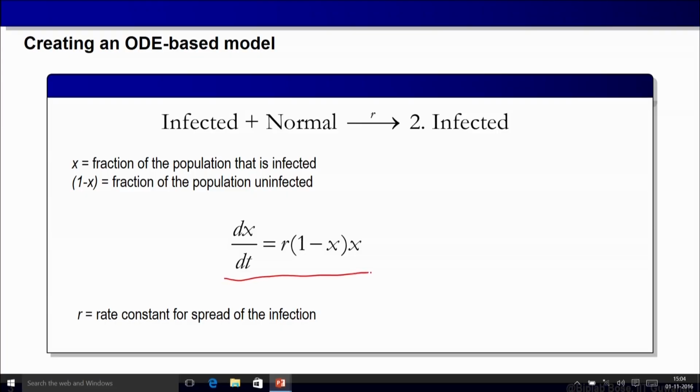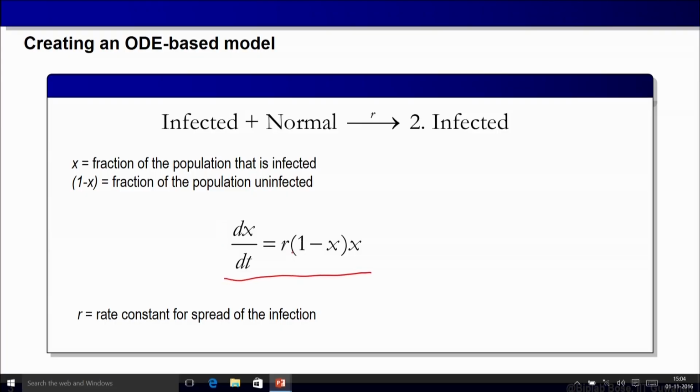Here the process is spread of infection. So we want to know the rate of spread of infection. So we will represent the rate of spread of infection by an ordinary differential equation. And that equation I have written here.